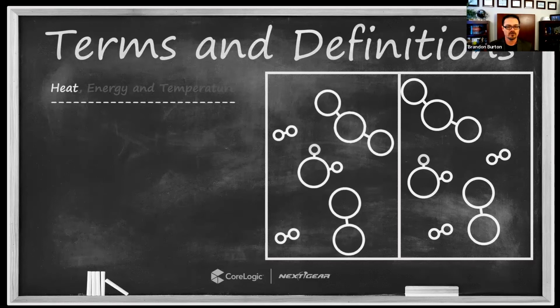So heat and energy. Notice on these two sets of containers here, I have molecules on the left-hand side that have a certain amount of energy associated with them, a certain amount of movement. And in the container on the right-hand side, at present at least, there's no movement at all. Well, nature always seeks an equilibrium. And as these molecules start adding energy to that dividing wall, that energy is going to become absorbed by the molecules on the opposing side.